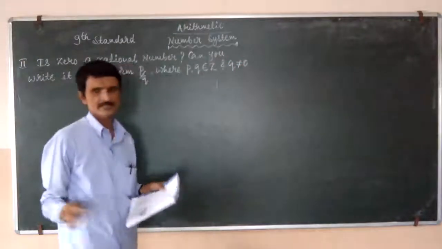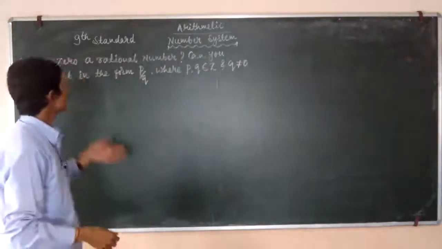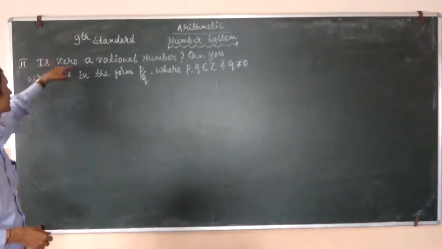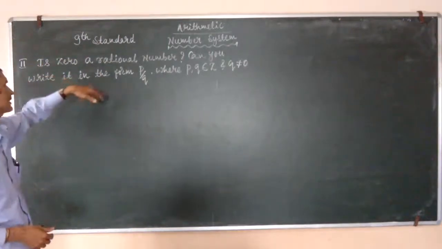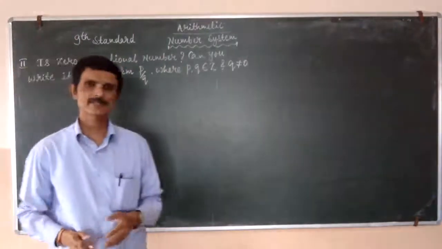That means the denominator should not be equal to 0. So observe the statement of the problem: 0 is a rational number. If it is a rational number, it must be expressed in the form of p by q.